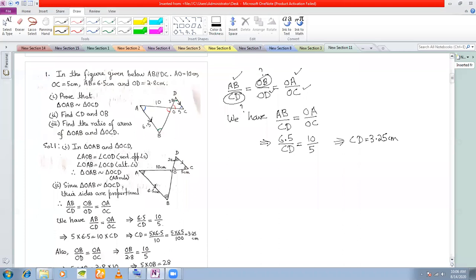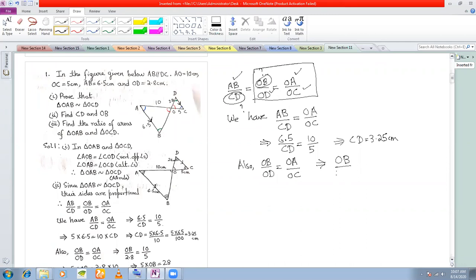Okay. Next question is to find out OB. So for OB, you consider this second and third equality. OB by OD is equal to OA by OC. OB we have to find out. What is OD?